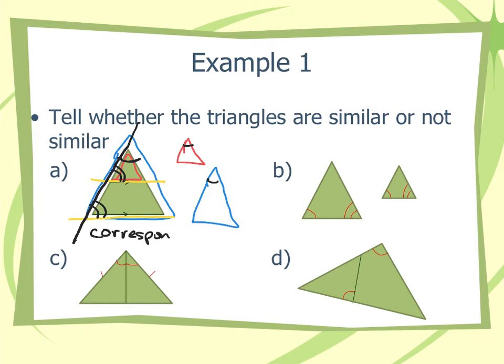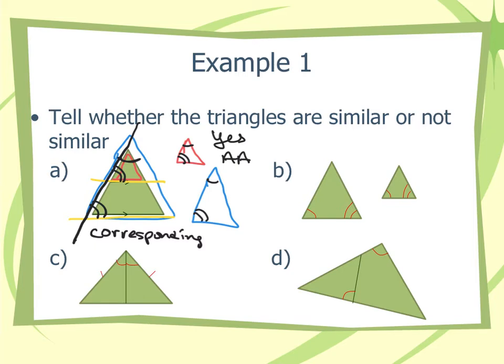If you were writing a proof, this would be your reason. So now I've marked this angle congruent to this angle. I have two angle pairs that are congruent, so I can say, yes, these are similar, and the reason is the angle similarity theorem.